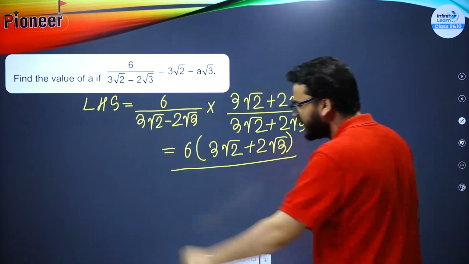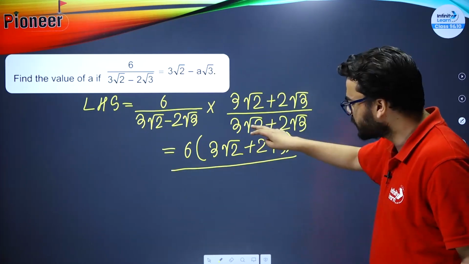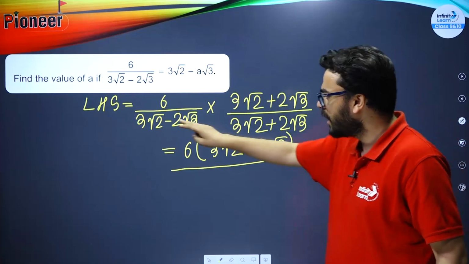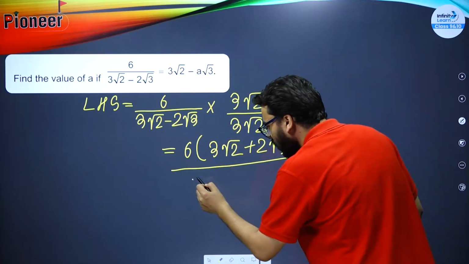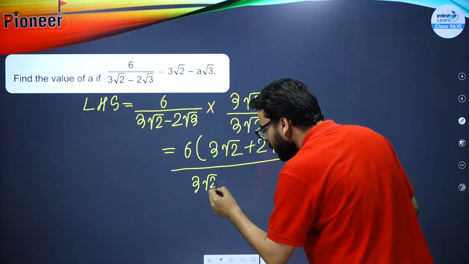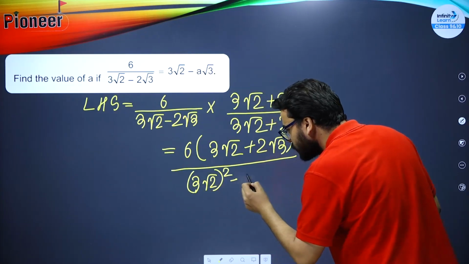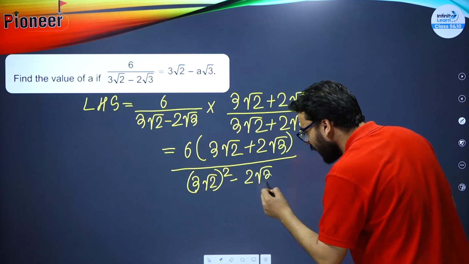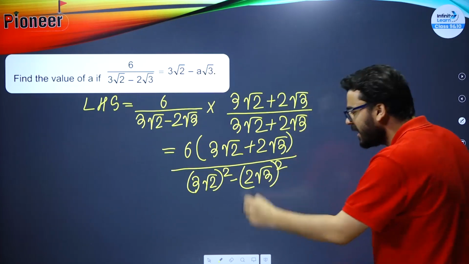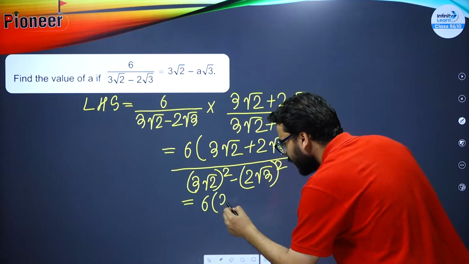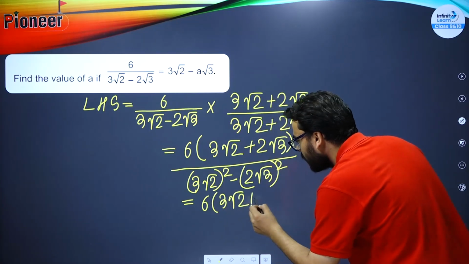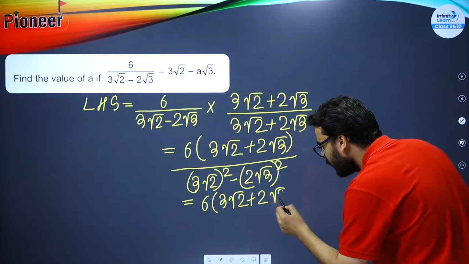And the same thing, guys, the denominator is of the form a plus b, a minus b. So it will be a square minus b square, or I can say 3 root 2 the whole square minus 2 root 3 the whole square. Can we simplify it directly, guys? So you see this is 6 into 3 root 2 plus 2 root 3 over here.